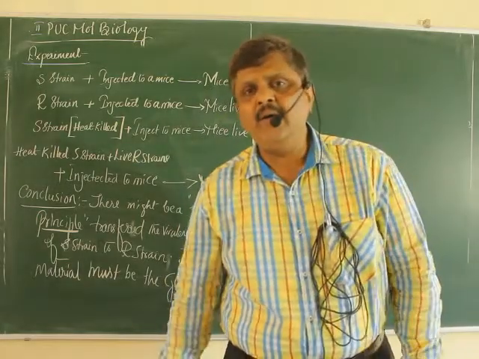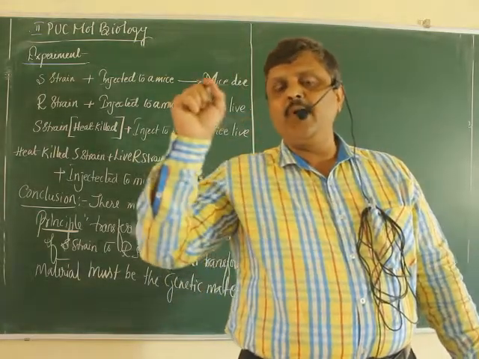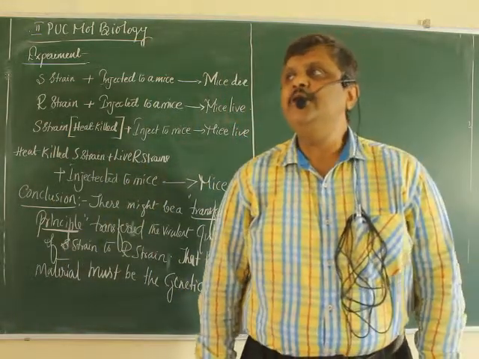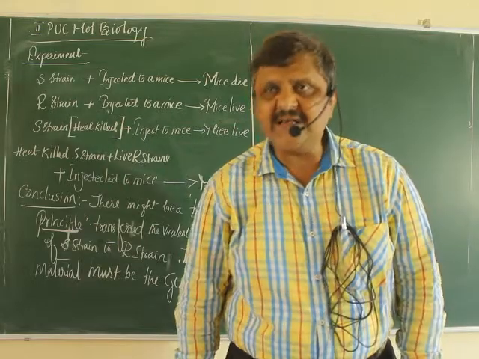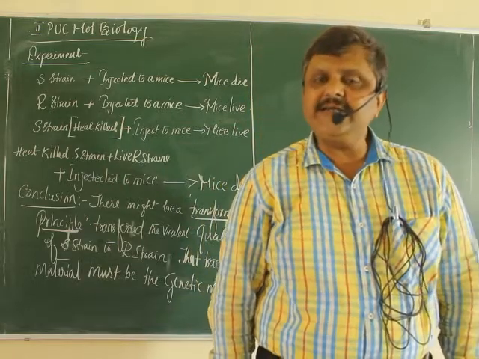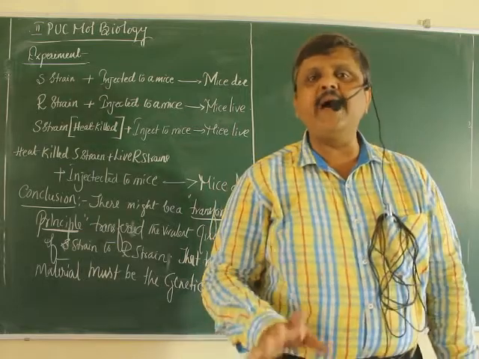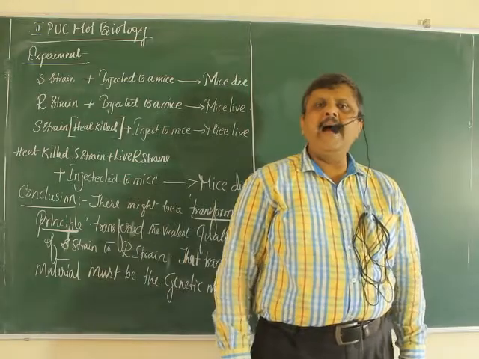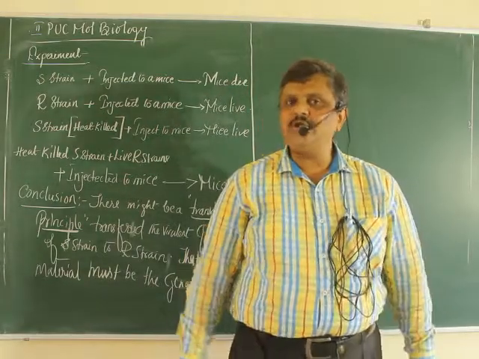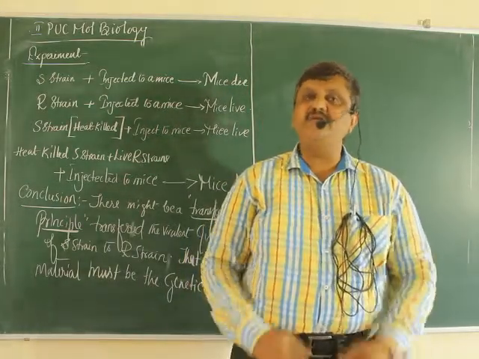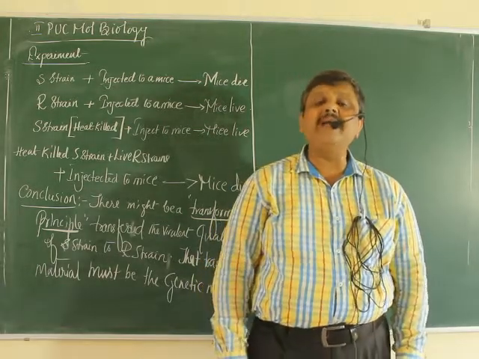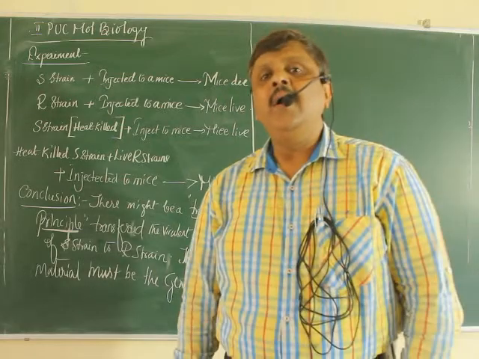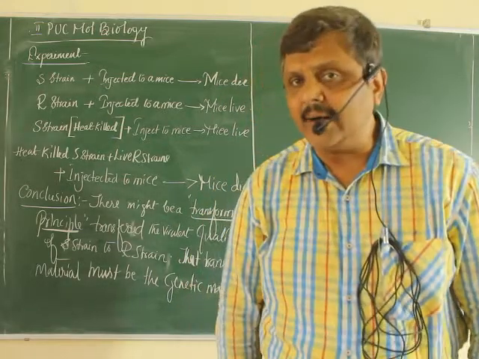Number one, the smooth virulent variety, which has a smooth mucus coat on its surface, is poisonous, and causes pneumonia in the infected organism. The second one is R strain, with a rough surface, but it is non-virulent, not harmful, and does not cause pneumonia when injected into the organism.